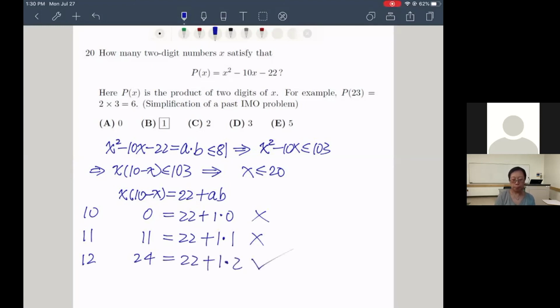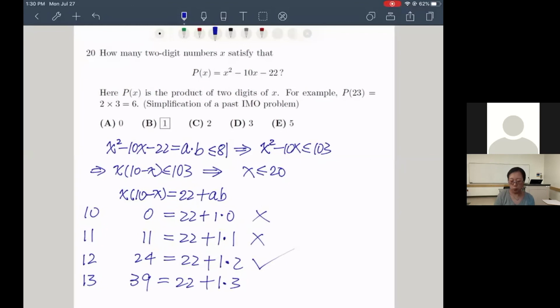This one works. Let's do 13. 13 times 3, 39, equals 22 plus 1 times 3. This is impossible, right? This will not work.